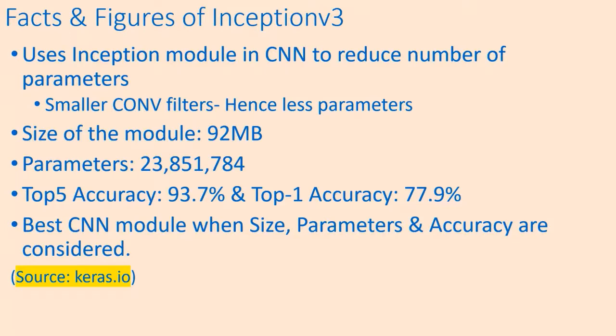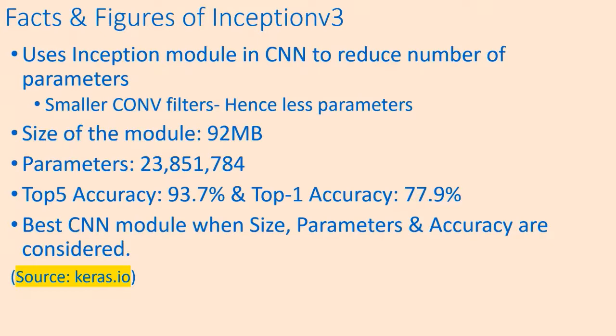The second thing is that the size of the model is very small when compared to ResNet and other models. And the last factor is the accuracy. If you look at the top 5 accuracy of Inception v3, it's around 94%. That means 94% of the time, the image you're testing will be within the top 5 classes.